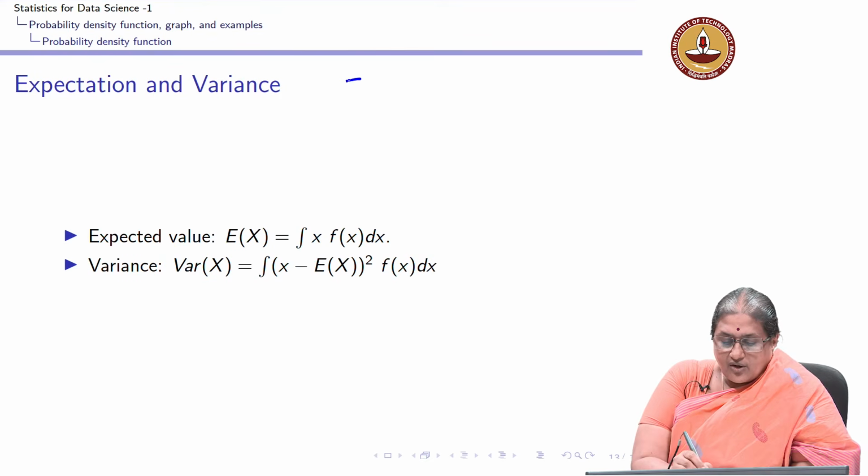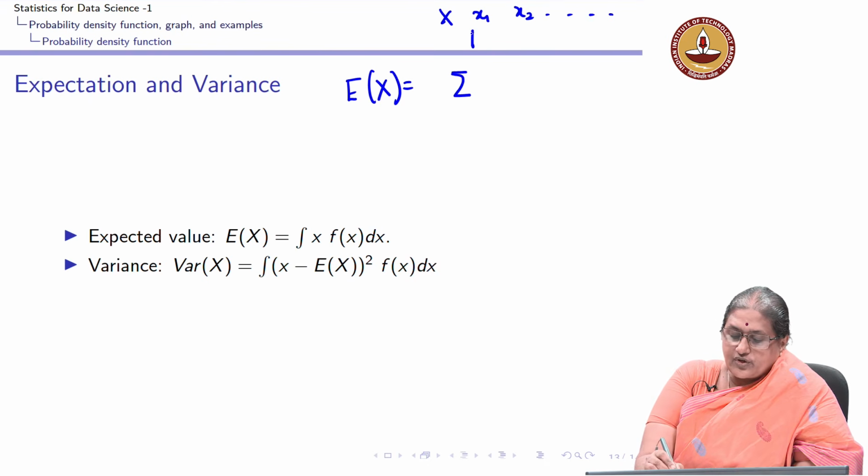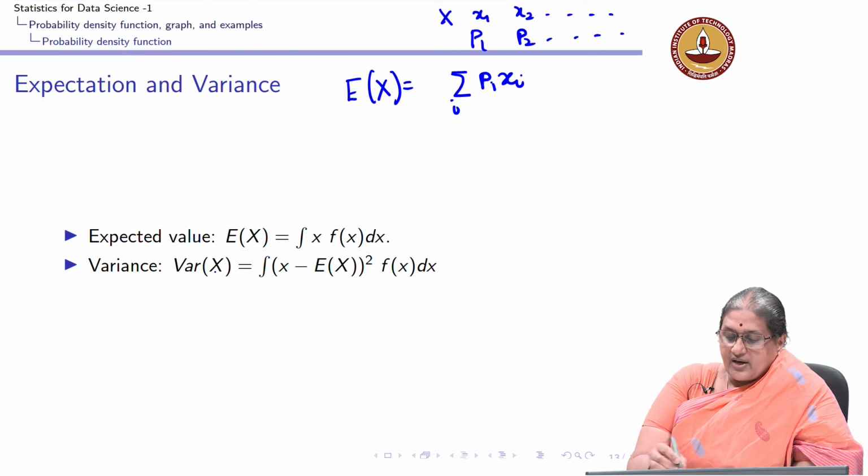Similarly, if you recall the expectation of a discrete random variable where x takes the value x1, x2, so forth with probabilities p1, p2, was xi into pi over all the values of i. Now, x does not take discrete values, but x belongs to a particular interval.